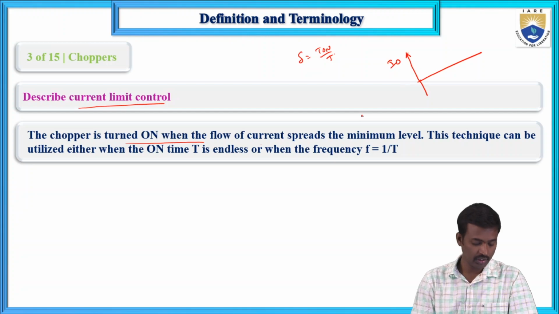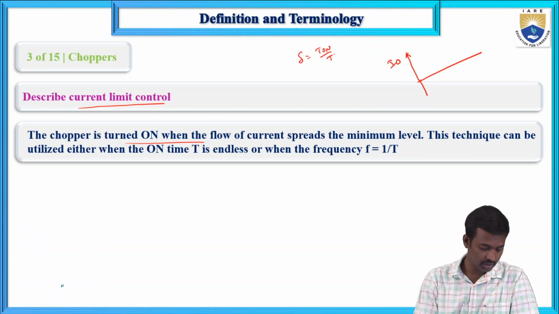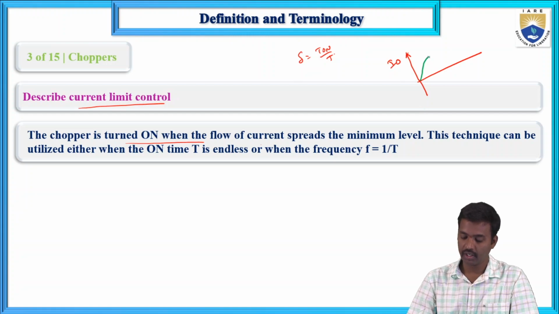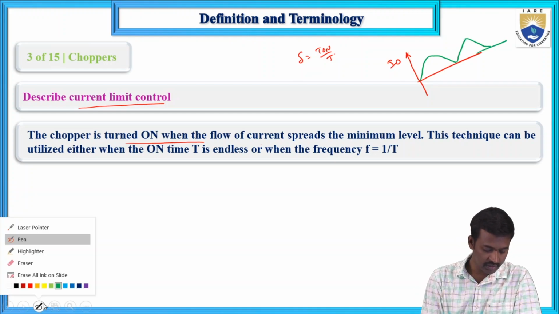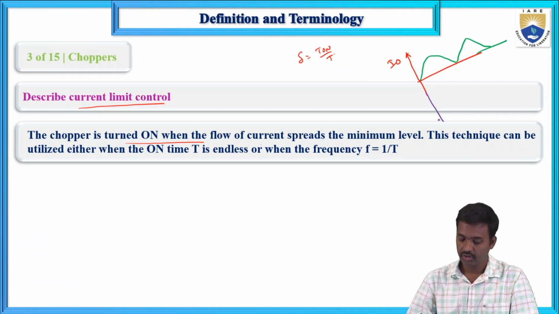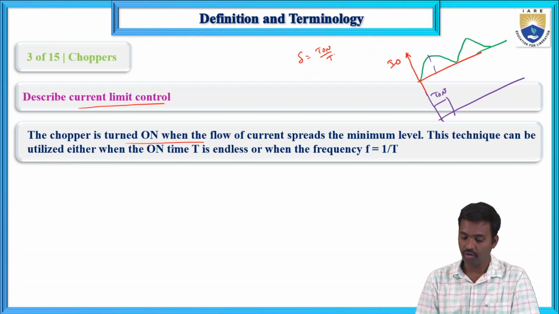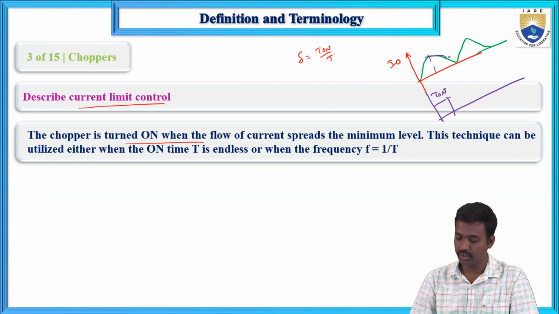When the current reaches the minimum level, the thyristor is turned on, and when it reaches the maximum, the thyristor is turned off.